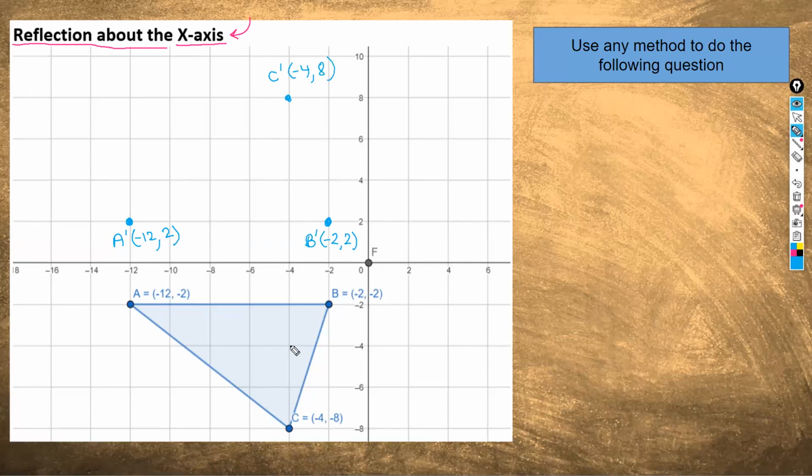Once again, the x value remained the same, minus 4. But the y coordinate became the opposite. It went from minus 8 to positive 8. And if we connect these little points here, you will see, using a little bit of imagination, that's a reflection in the x-axis, because this horizontal line was the pretend mirror.